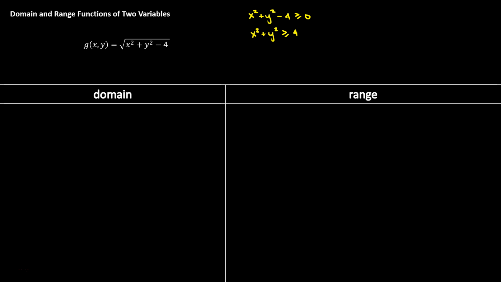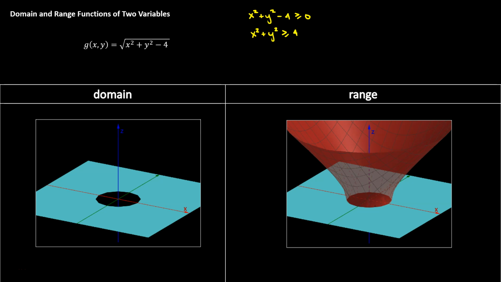This time, though, x and y are the points that are outside of the circle. And if I graph my domain, I can see that it's the entire xy plane with that disk cut out of it, which means that our function will only exist above this shaded portion of the xy plane.